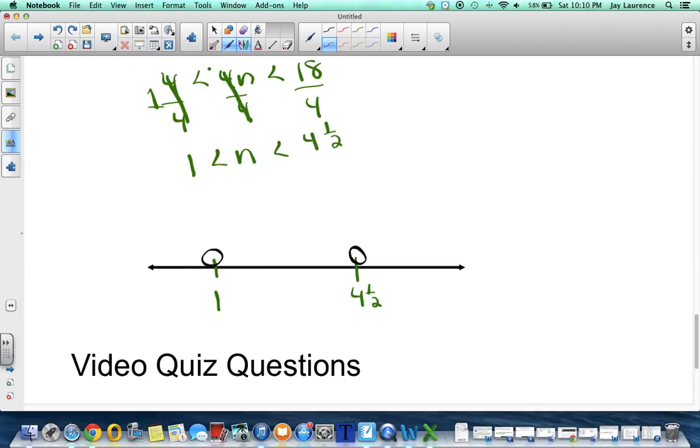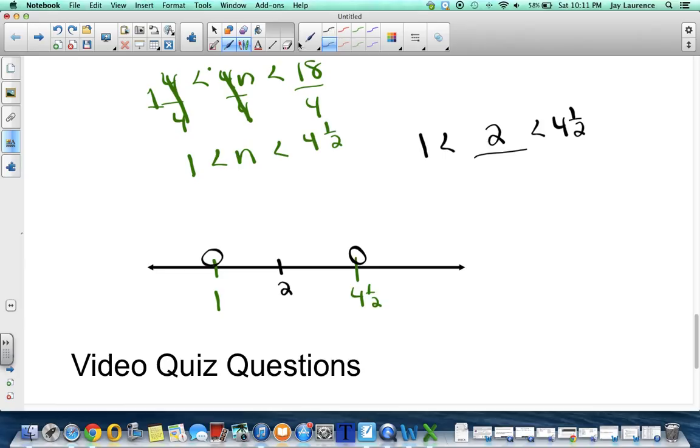And if I'm not sure, I could test it. I know how ands look, but if you're not sure, leave that and a blank. And I need a number that 1 is less than, but that number also has to be less than 4.5. So for example, I couldn't put 10 in here. 1 is less than 10, but 10 is not less than 4.5. I need one that's true for both parts of the inequality. So maybe I'll pick 2. 1 is less than 2, 2 is less than 4.5, and 2 might be about there.